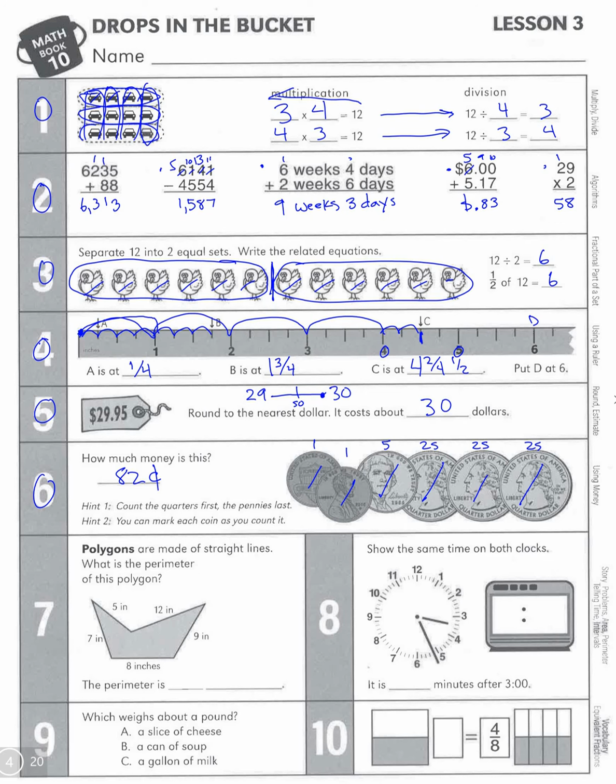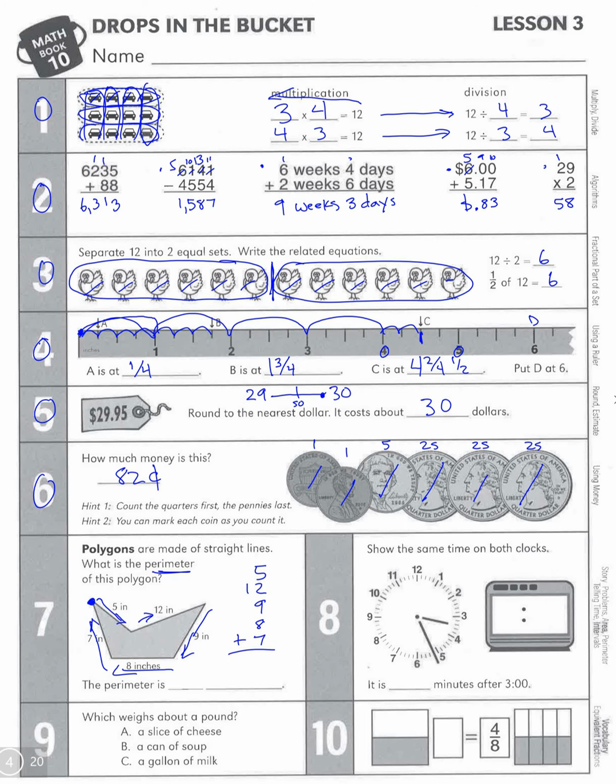All right, polygons. Polygons are shapes that are made of straight lines. What is the perimeter of this polygon? So again, I'm going to start, and I'm going to go all the way around like that until I get all the way back to my dot. So I'm going to write the amounts: 5, 12, 9, 8, and 7, and I'm going to add all those up.